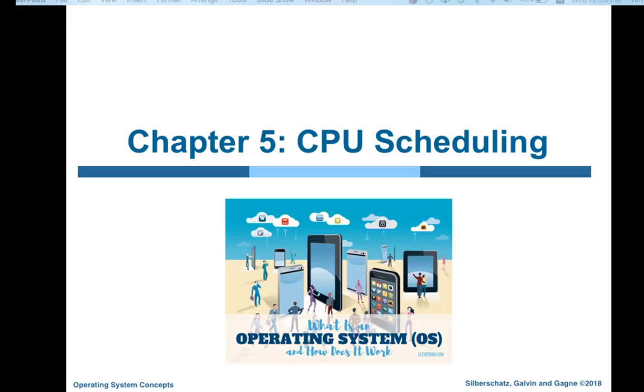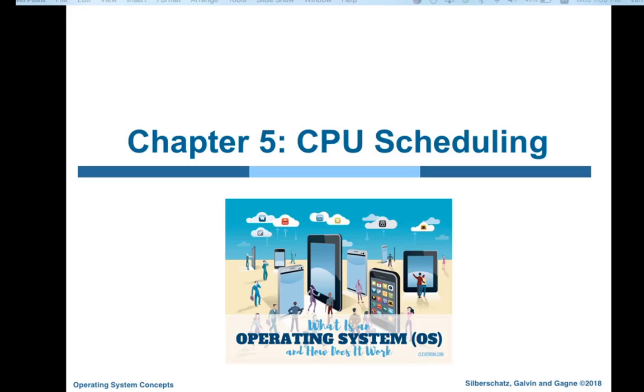In a simple manner, we assume that we have a system with a single CPU core. Only one process can run at a time. Other processes must wait.